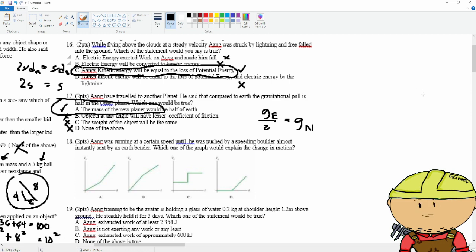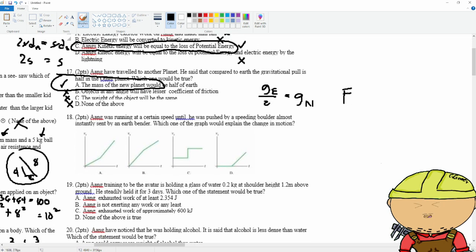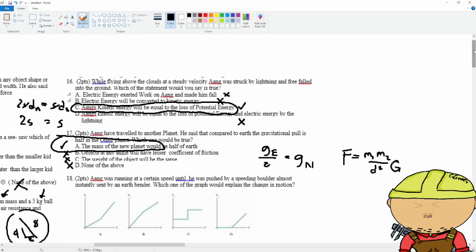Remember the formula? F is equal to G, capital G, mass 1 times mass 2 over d squared. That's the formula for Newton's law of gravitation. For number 16, we use work is equal to potential energy plus kinetic energy.